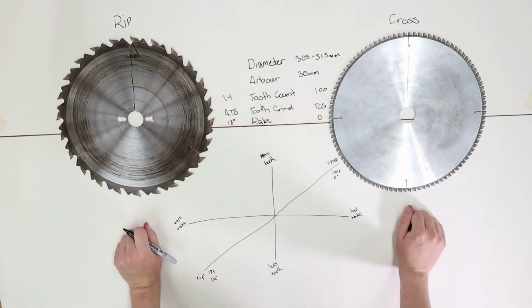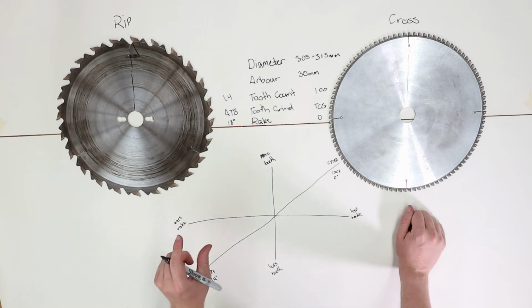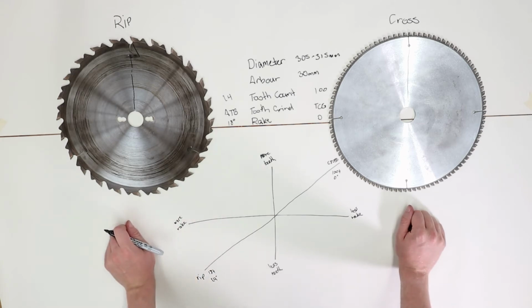The only other criteria for blades that really matters is the tooth grind. Now, there's a lot of different tooth grinds for different applications, but in our shop, we'll typically only see 3 types. The first type is ATB, and that's 80, 85, 90% of the blades that you'll see both in Bunnings or in a shop.